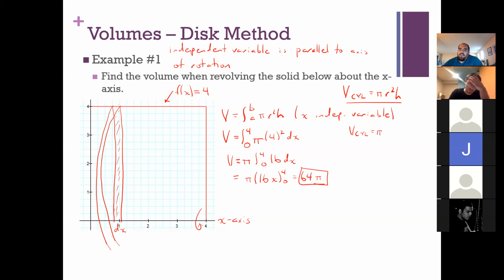We said the radius is always 4. What's the height of this cylinder? Also 4. So 4 cubed is going to be 64 pi as well. So it checks out both ways. Any questions on this one here?